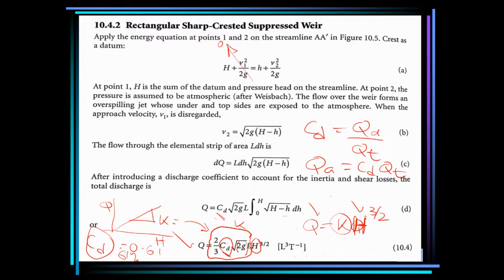So if CD is like 61%, it means the actual discharge you are going to measure is about 61% of the theoretical discharge, meaning the theoretical discharge, which is derived without CD, neglected some terms that will make our value overestimated.